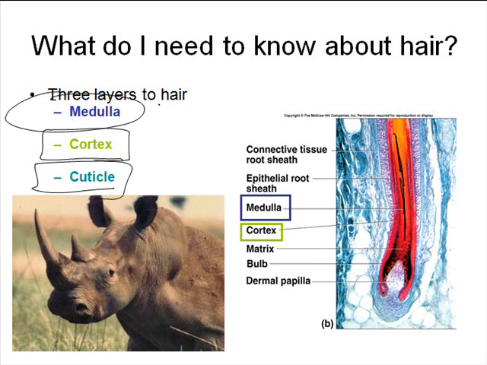Now, why do I have a picture of a rhinoceros here? Because I'm a biologist, and this is just cool. If you've ever had a chance to get up close and personal with a rhinoceros and touch a rhinoceros horn, you know that it is an extremely hard structure. What you probably don't know is that a rhinoceros horn is nothing but a bunch of extremely tightly packed together hair cells.